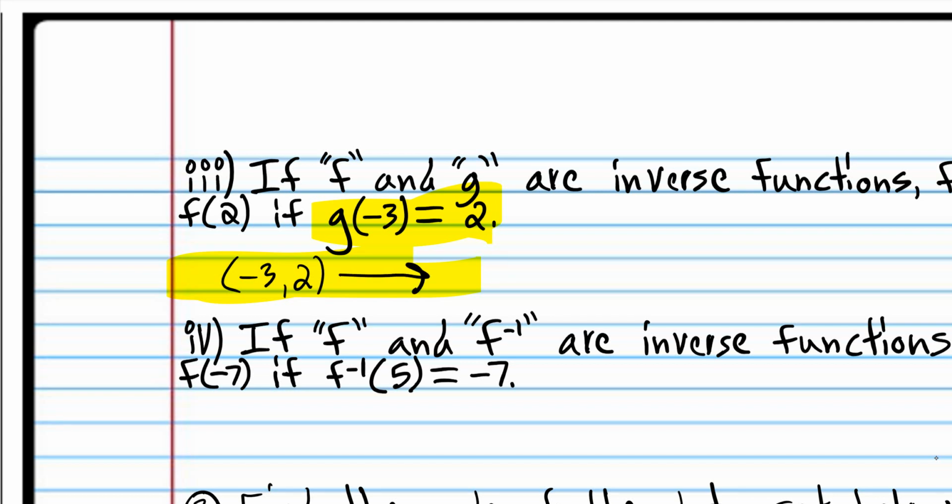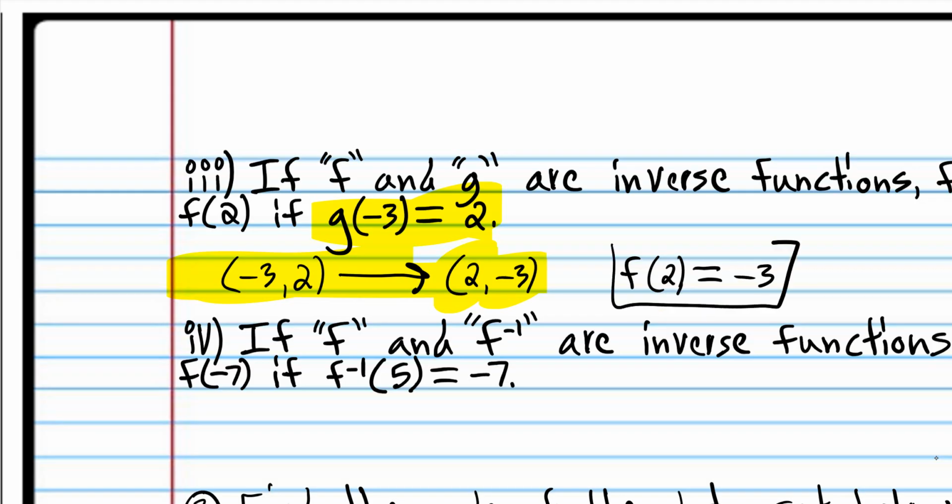And so what that means is that if you plug in 2 to your f function, you should get -3, because g and f are inverse functions. So f of 2, which is what we're looking for, is simply -3.